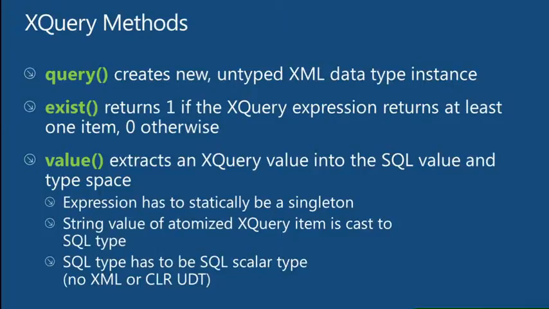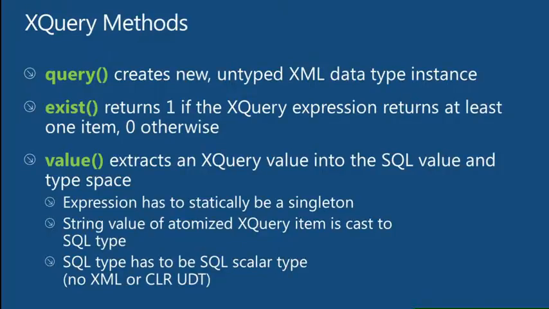And the value method is basically like a cast out of the XML world into the SQL world. It takes an XQuery expression and the T-SQL type and will cast the result of the XQuery expression into the T-SQL type system, so you can then do relational processing on it.